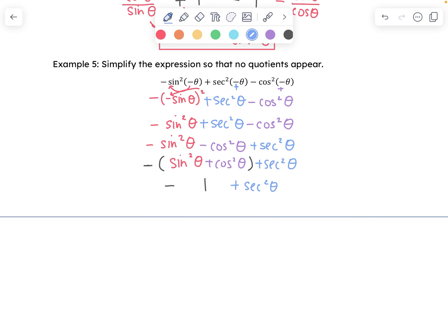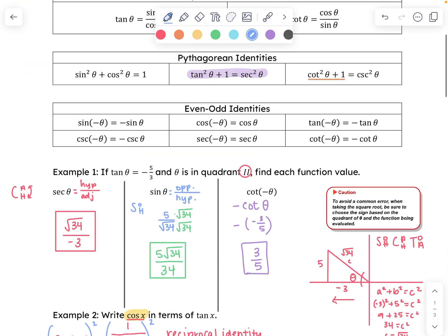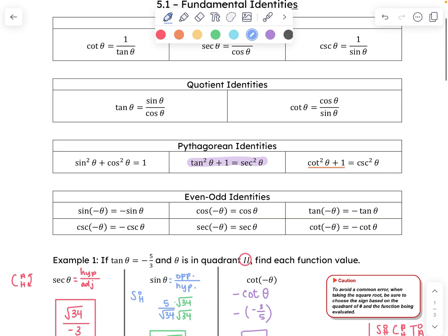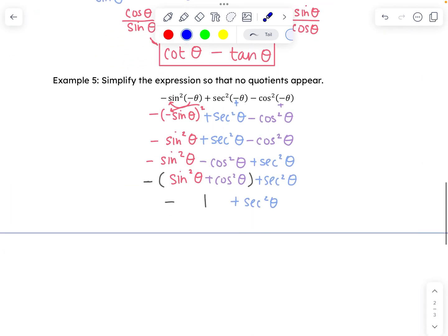And I get a negative 1 plus secant squared theta, which comes up here and is going to work with my middle one right here. Normally we have tangent squared plus 1 is equal to secant squared. But if we move that 1 over, secant squared minus 1 is going to equal tangent squared. So I can say that this negative 1 plus secant squared is tangent squared of theta.